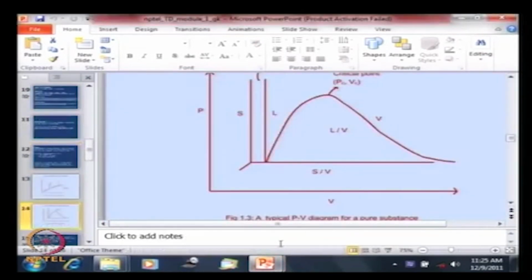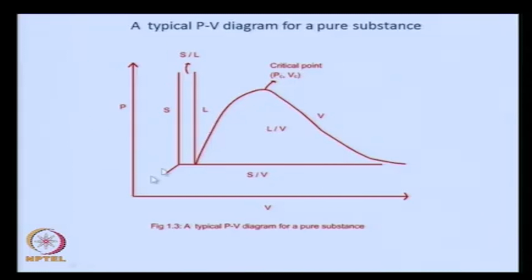Let us go back to our P versus V diagram again. If you look at this point here, at this point you have a 0 slope, the slope changes sign. Therefore, dou P dou V at constant temperature equals 0 at the critical point.